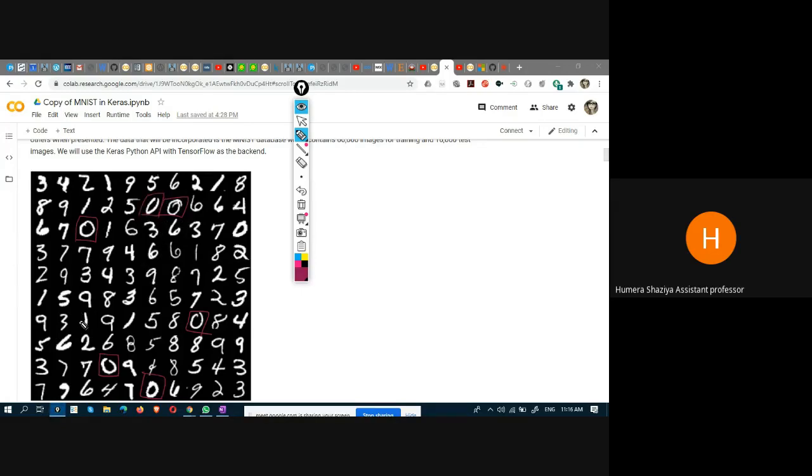These all are zeros, and no two zeros are similar, because everyone writes in their own style. A little bit of variation we see. And look at 6. This 6, this 6, each of them looks slightly different from the other.